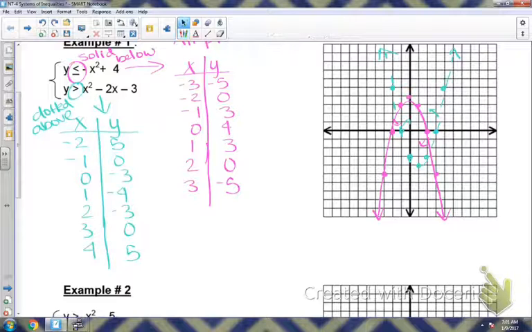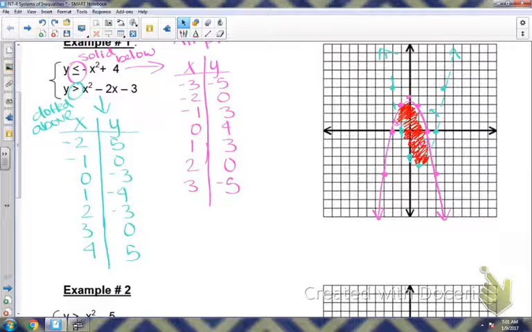Okay? So we're trying to find the points that they have in common. So your solution would be this section here. Any point in that shaded area, if you were to plug into both of your inequalities, it should be true for both.